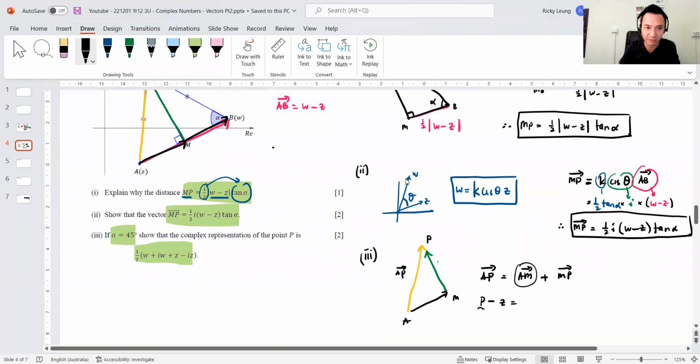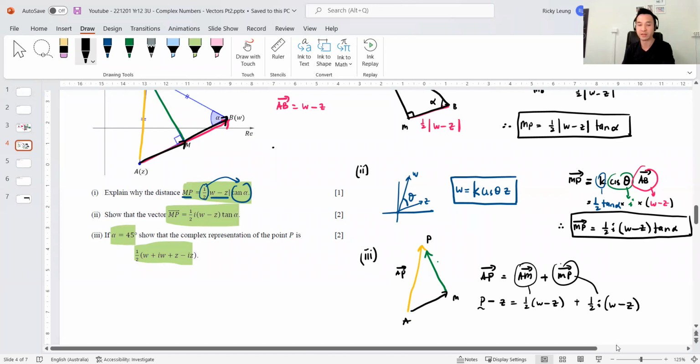He's just half of the pink, so half W minus Z, plus, now this guy is just this guy with 45 degrees. e to the 45 degrees is i, so it'd be like half i times W minus Z.